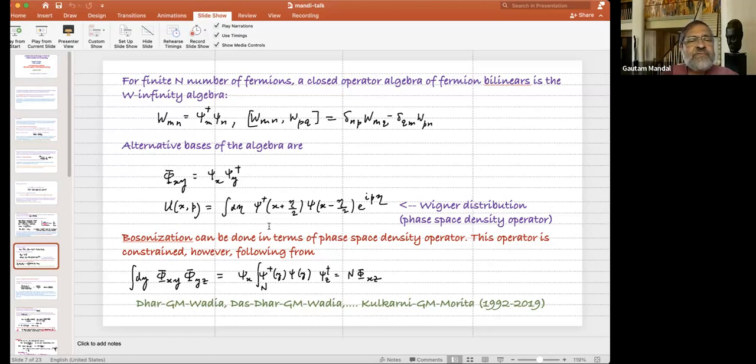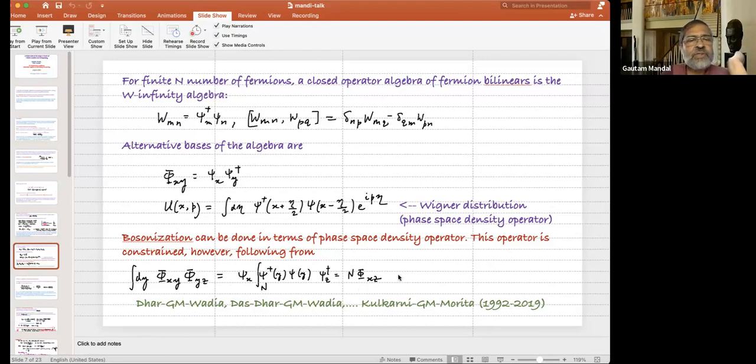However, it's not very convenient to work in terms of this. You can derive several nice results in terms of this, in particular what is called the droplet picture, and so on, in the large n limit. But this phase space density operator actually satisfies a quadratic constraint coming from the fact that we are working in a fixed fermion number sector.